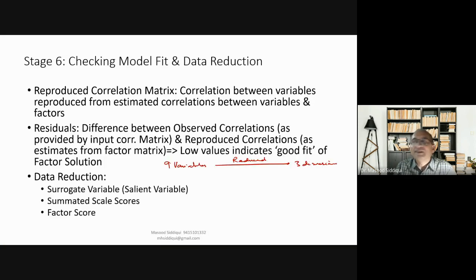Right? And this method is known as summated scales. What do we do? In the salient variable, we take only one representative variable. And what are the objections? There is a heavy data loss.